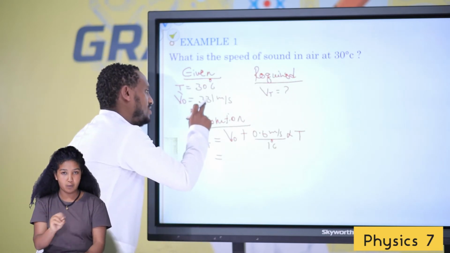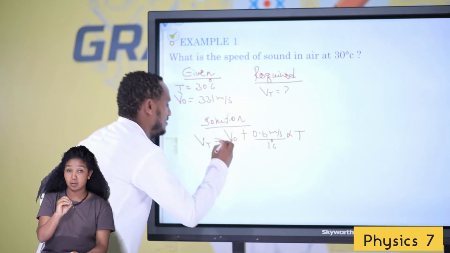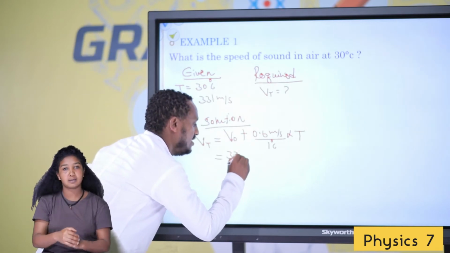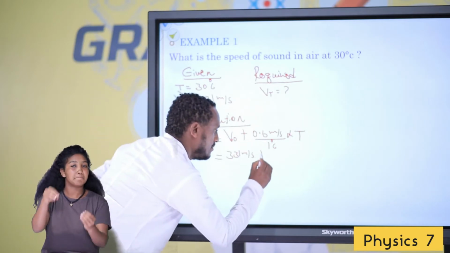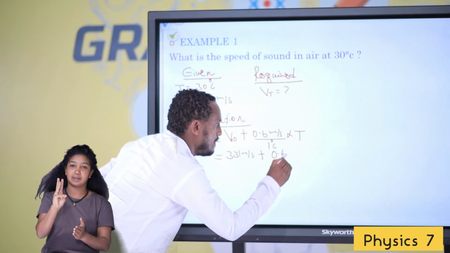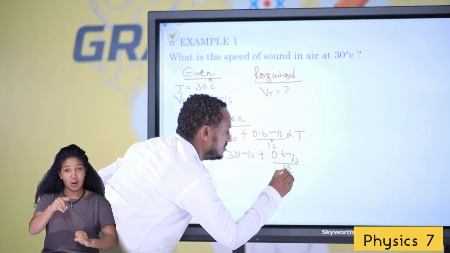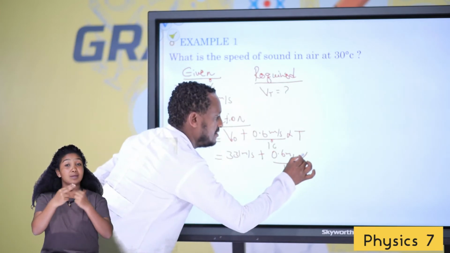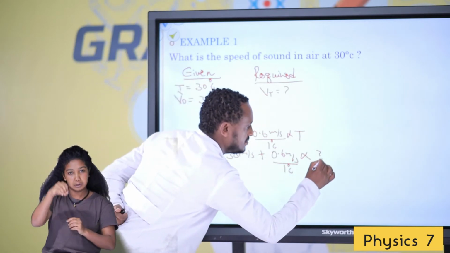Vo is 331 meters per second plus 0.6 meter per second over 1 degree Celsius times our temperature, 30 degrees Celsius.